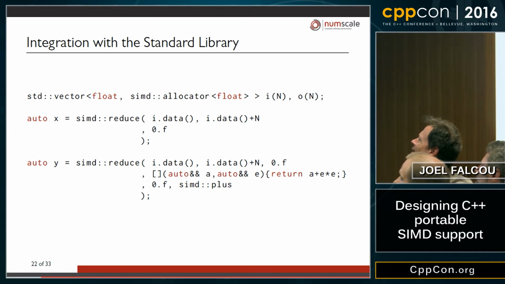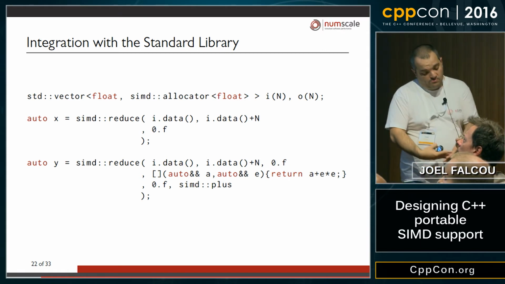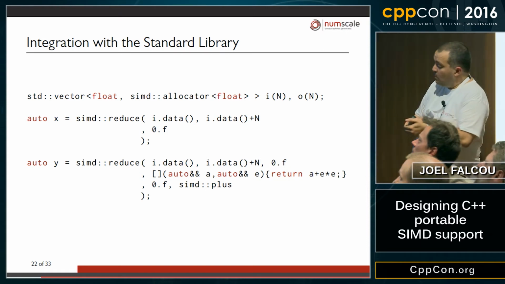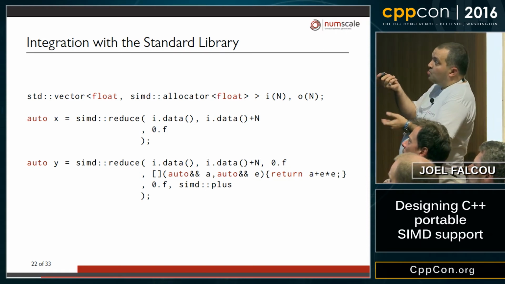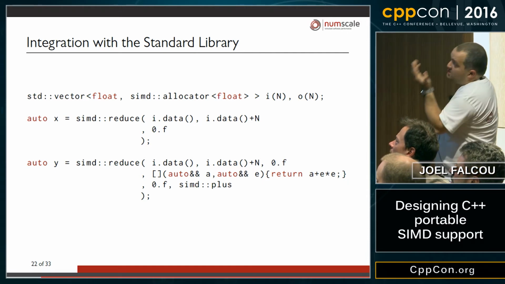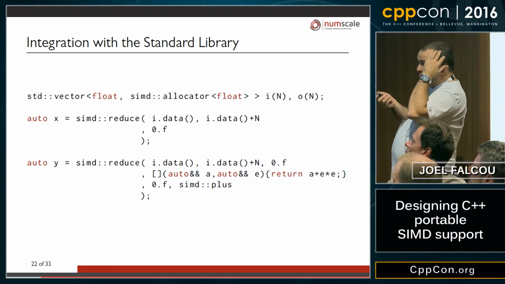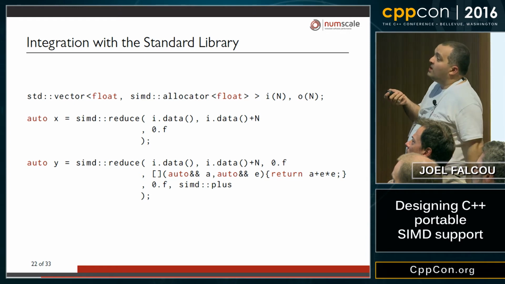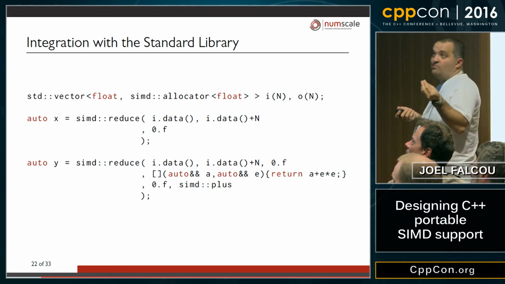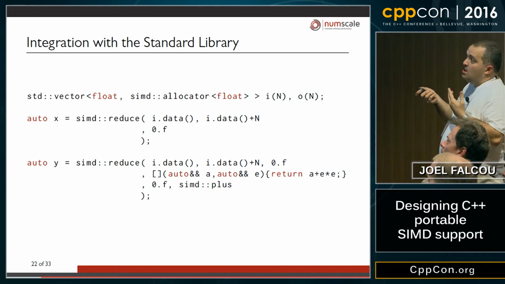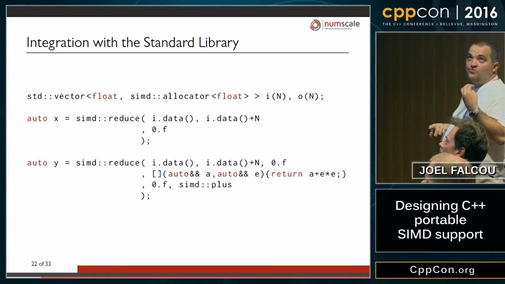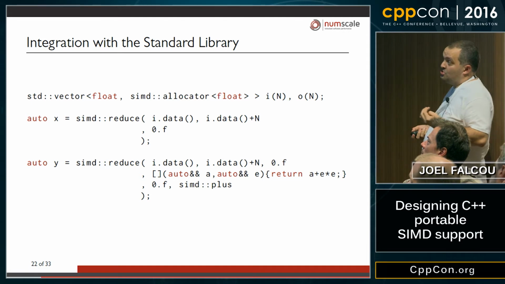And sometimes you need to pass a more complex operation to the reductions. So for example, we compute the sum of the squared values. And in this case, sometimes you need to pass additional information. You need to specify the identity element of your operation, which may be different from the initial value. And you need to pass a function which is the function you will use to complete the reduction.